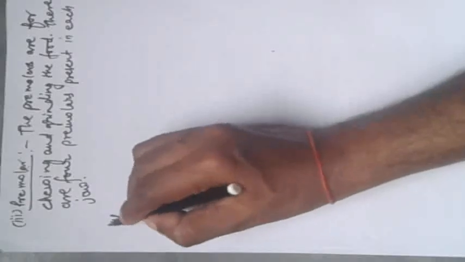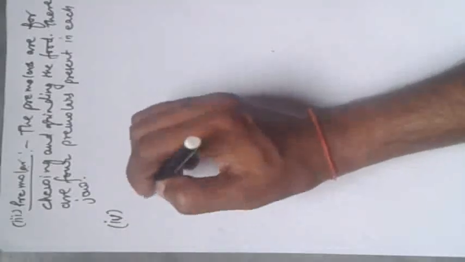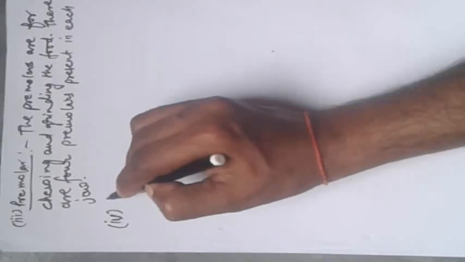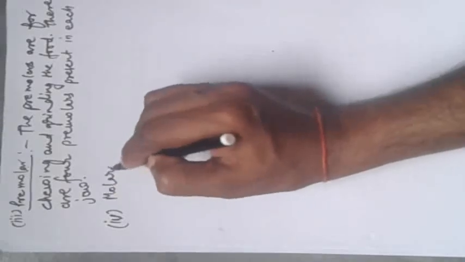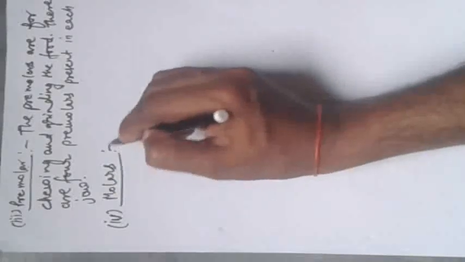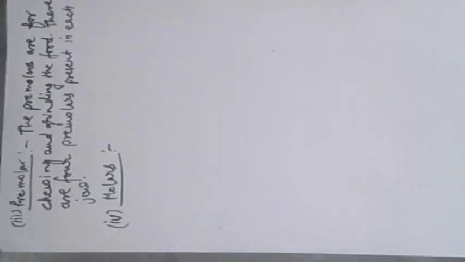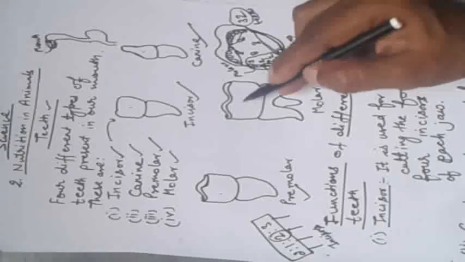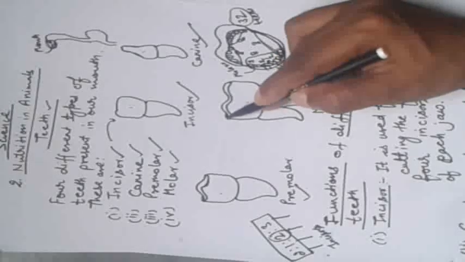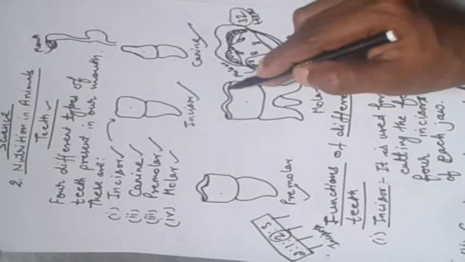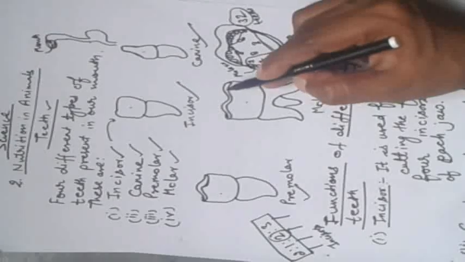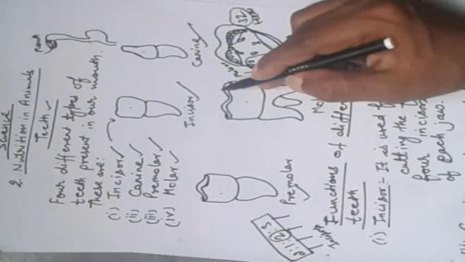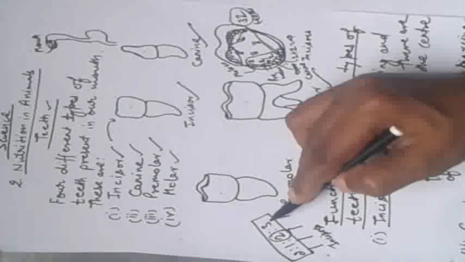The next and last type of teeth is molars. The shape of the molars is just this. See its surface, it is also very large, and it is present just behind the premolars.